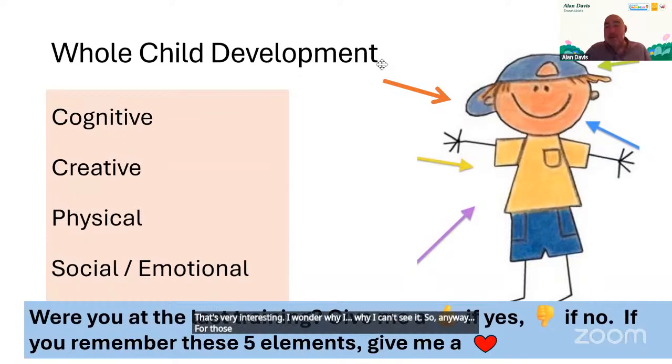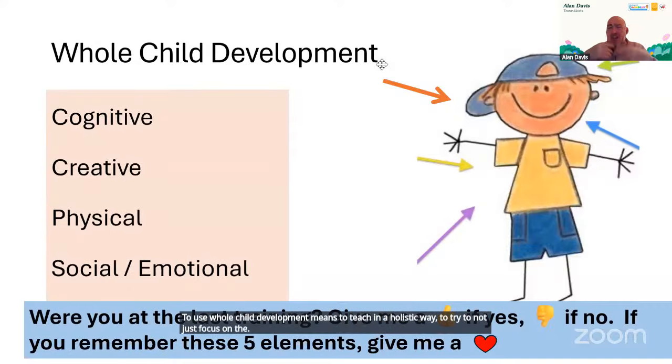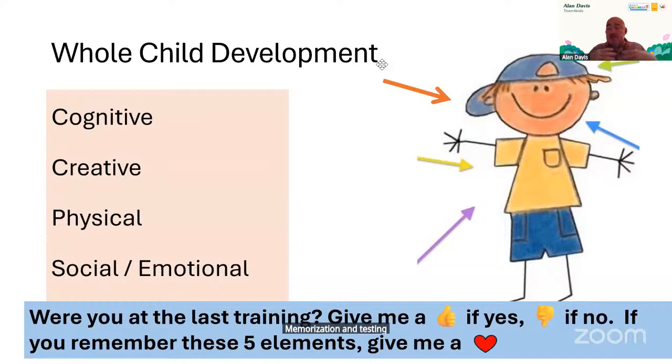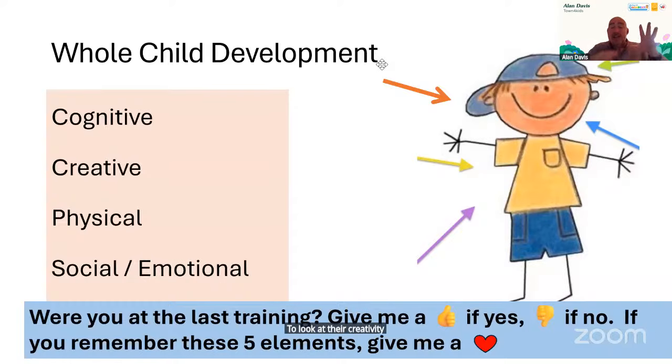For those of you who weren't here, we have to use whole child development to teach in a holistic way, to try to not just focus on the memorization and testing, but to appeal to students' cognitive ability, which is higher learning thinking skills, to look at their creativity, to take into account the physical aspect of their learning, as well as to help them with their social and emotional development.